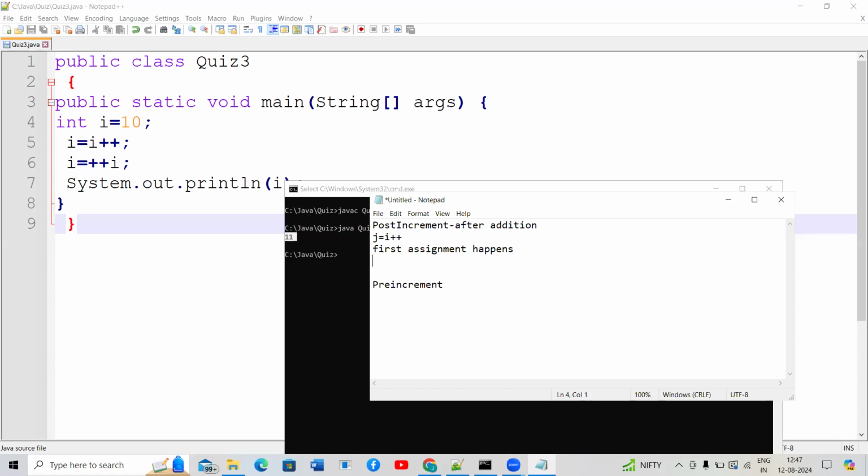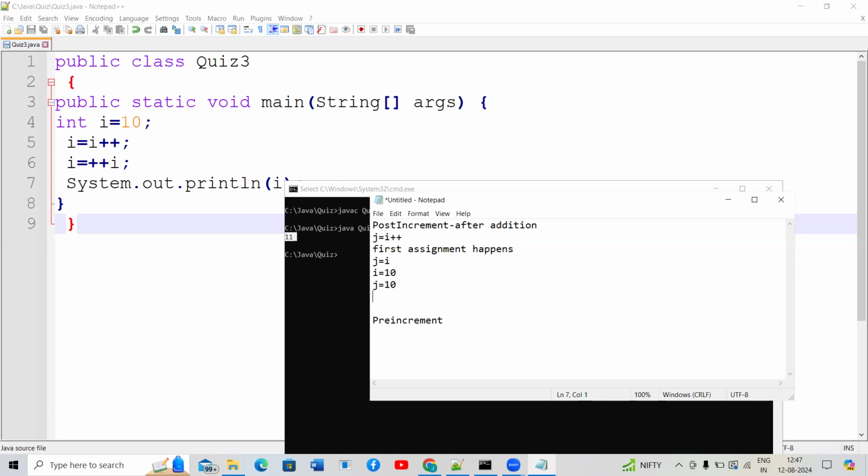The value of I will get copied to j. It always happens from the right-hand side to the left-hand side. So suppose my value of I is 10, then the value of j also becomes 10, right?